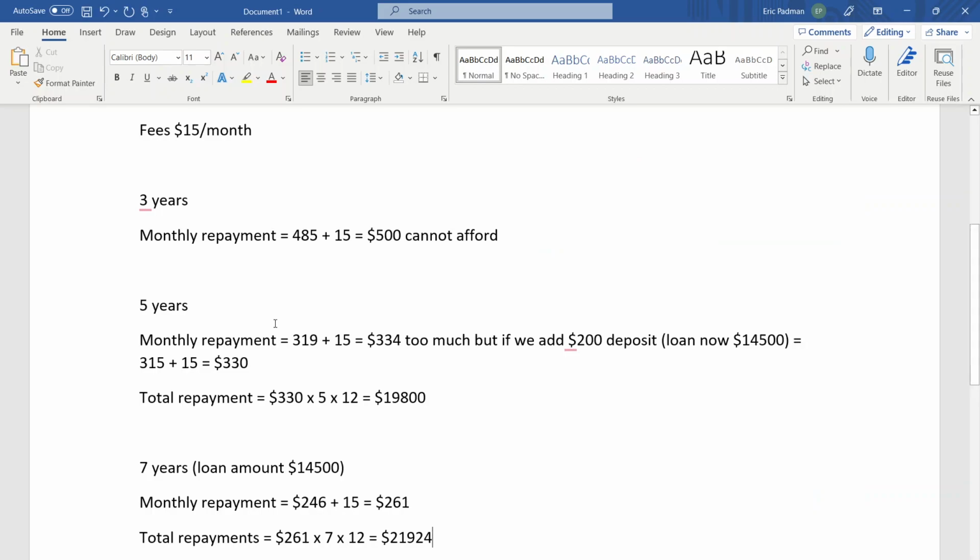Okay, so you can see it's a little bit easier on your monthly repayments. You still have the loan for 2 more years and you pay more in total because of the extra interest. So you can then draw those sorts of comparisons.